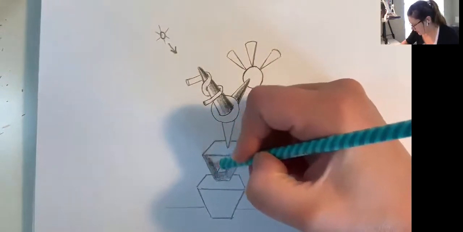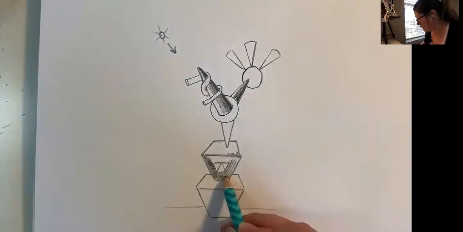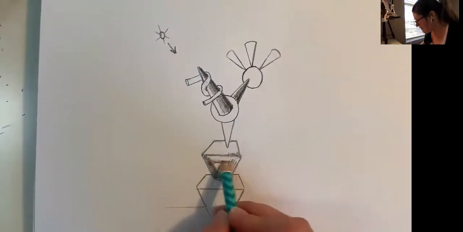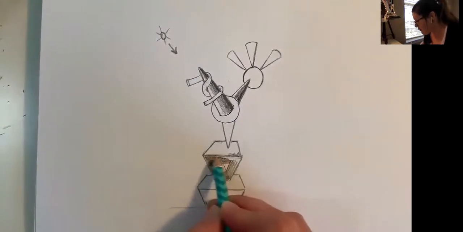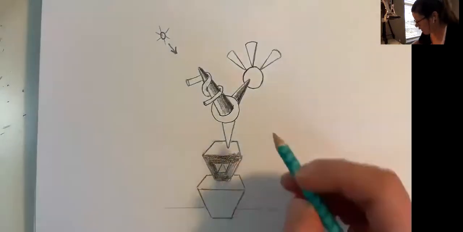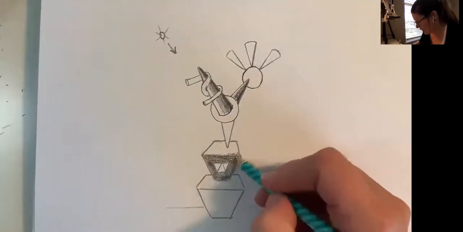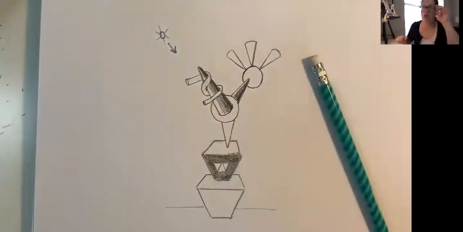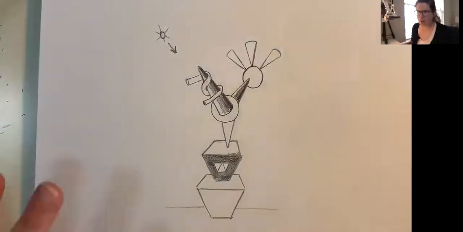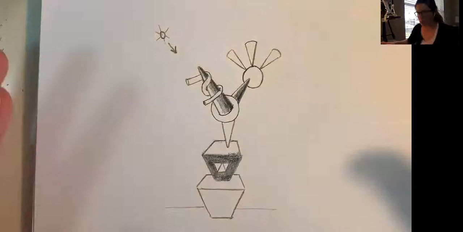So it's just kind of playing around, and once you get familiar and comfortable with these concepts, I promise drawing anything you want to draw is going to be so much easier, because it really just trains your eye on how to see form and shape in whatever you want to draw.